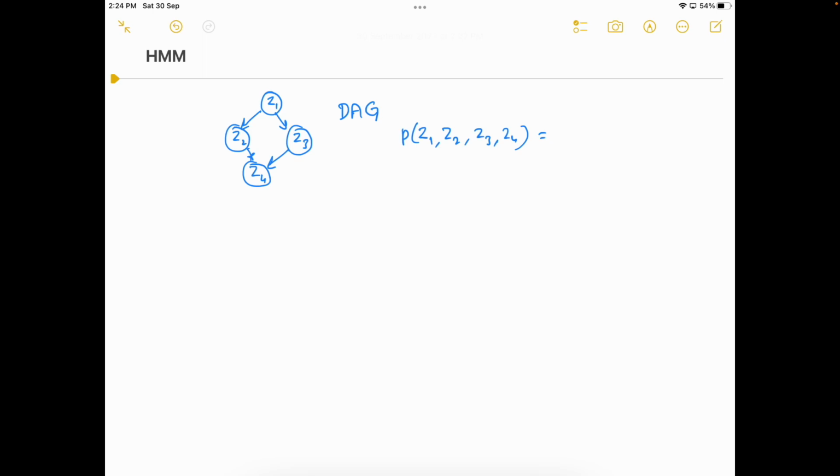If I don't give you any independence conditions, it's the most general joint PDF. How will it look like? This is not a directed graph, first of all. It has to be a DAG, directed acyclic graph. So you have to make a DAG.